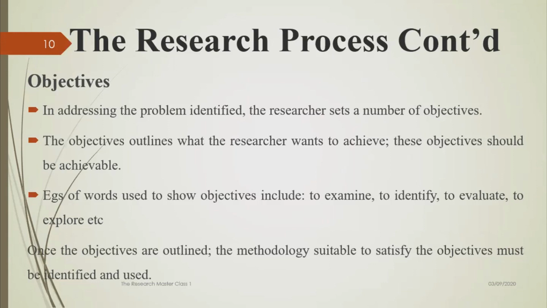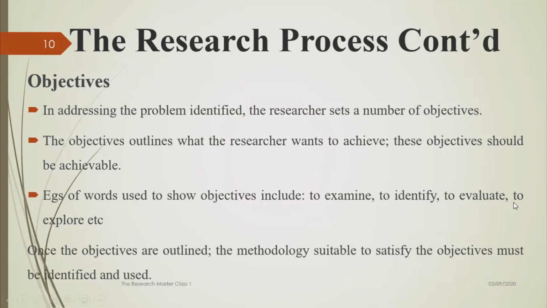In setting our objectives, for instance, we use words like to examine, to identify, to evaluate, to assess, to explore, etc. Once your objectives are outlined, the methodology suitable to satisfy the objectives must be identified and used. So our objectives tie into the methodology, and even into the analysis you want to use.